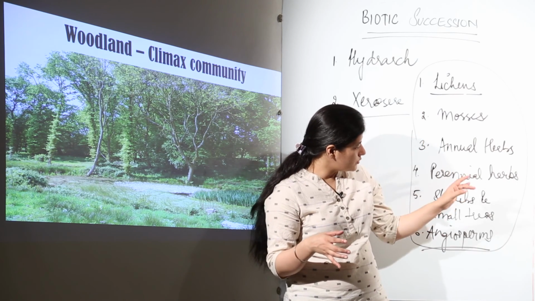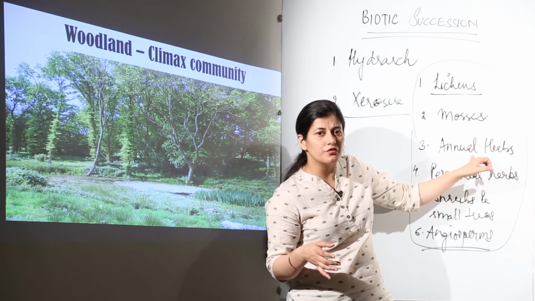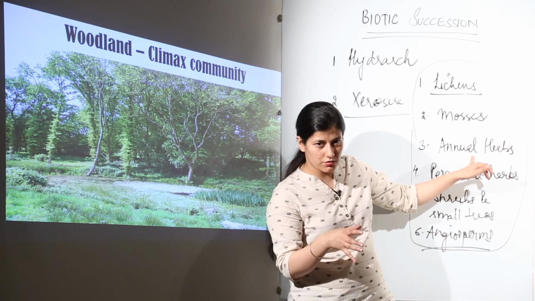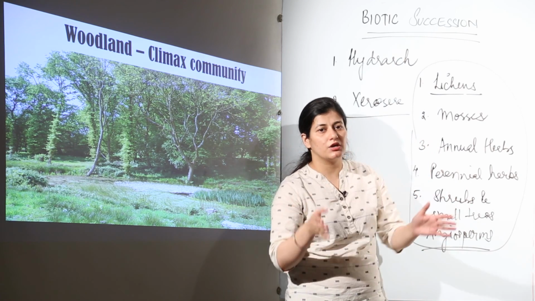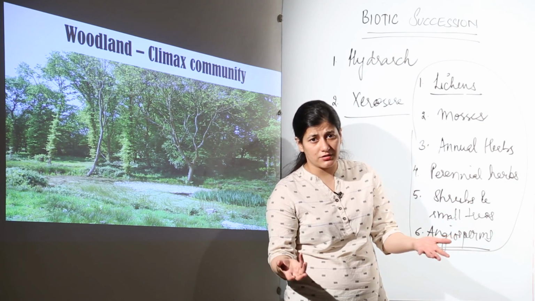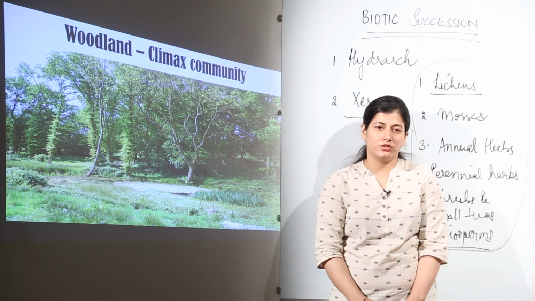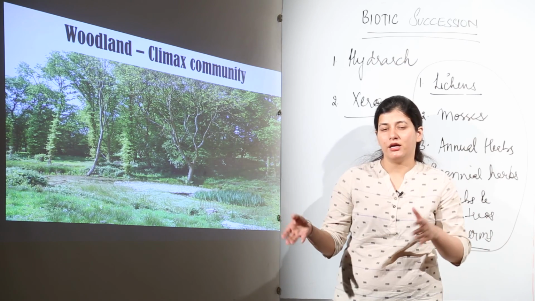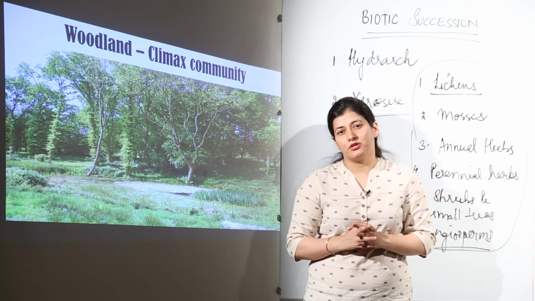One species leads the way for the growth of another, or the introduction of another species into the ecosystem, and finally a climax community in full equilibrium with the abiotic factors is prevalent. So this is all about biotic succession, understanding both xerarch and hydrarch succession from the pictorial presentation.